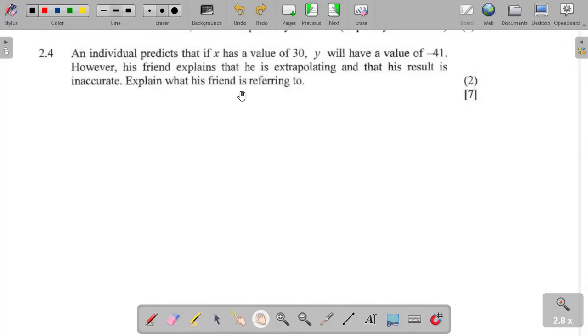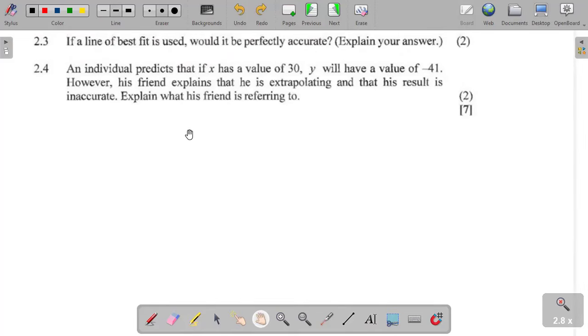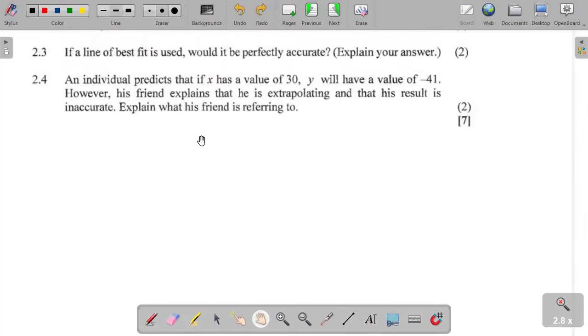Explain what his friend is referring to. So he's saying that if x has a value of 30, y will have a value of -41.